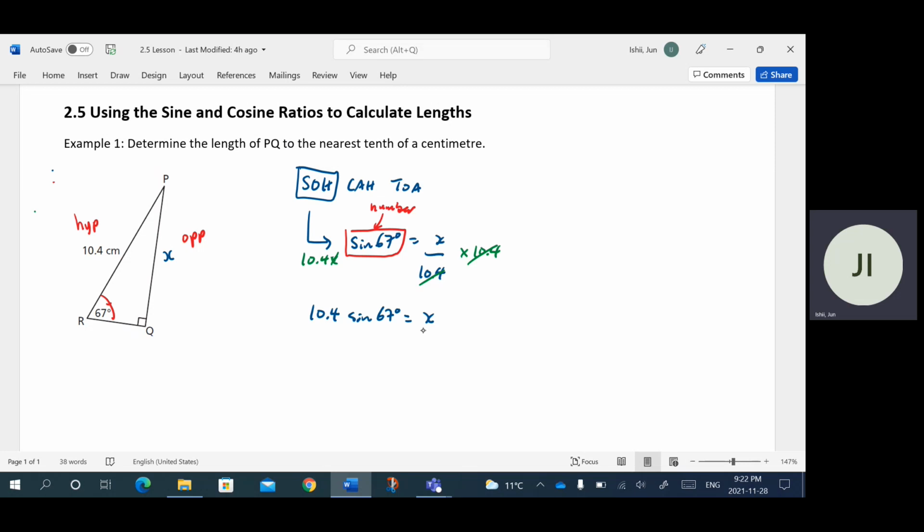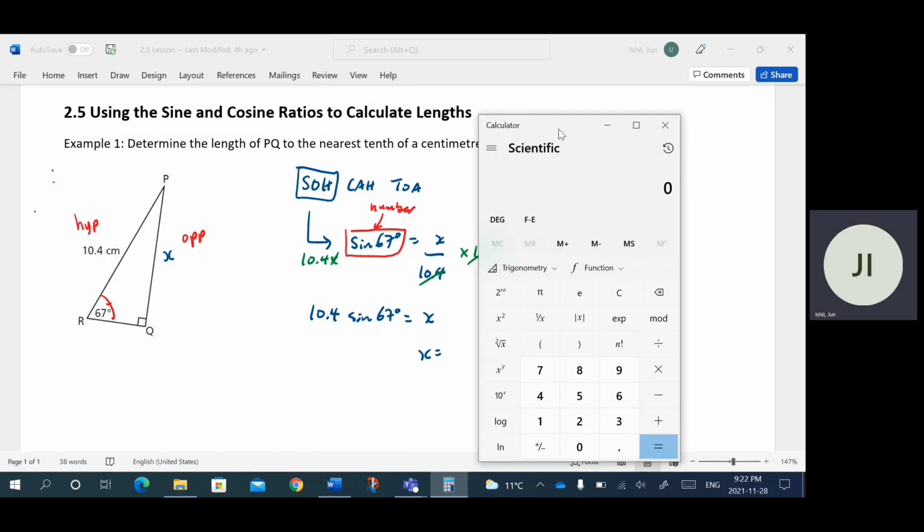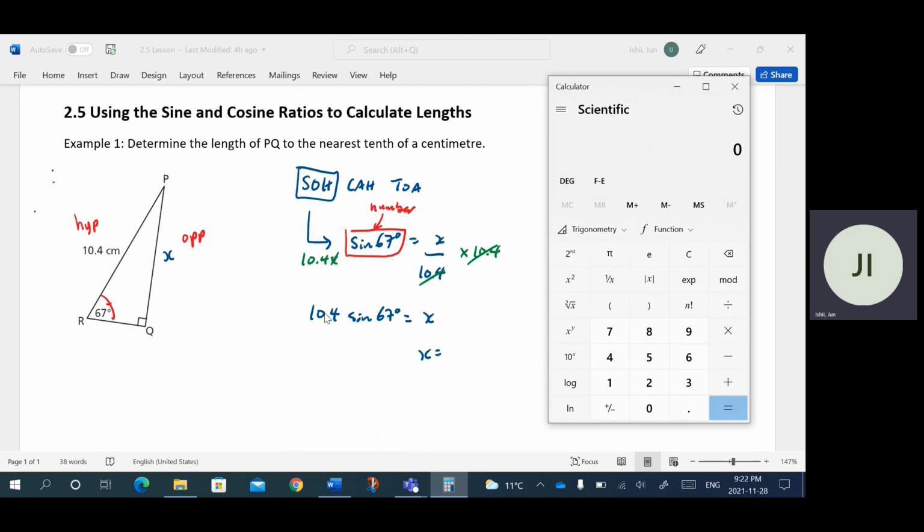So this we should be able to punch into our calculator at once, which I'm going to show you how to do. I'm going to take 10.4 multiplied by sine 67.